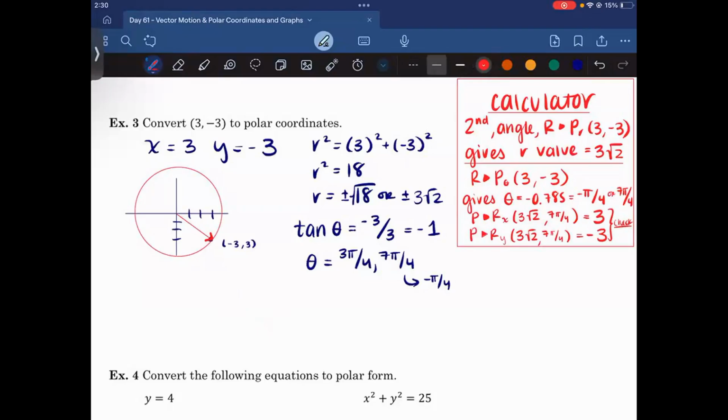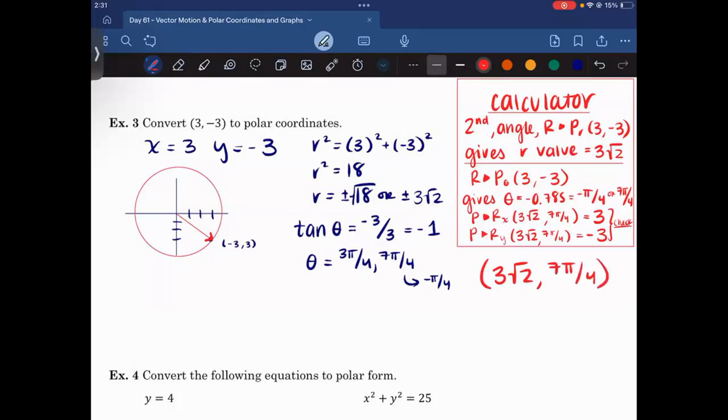And we're going towards 7 pi over 4. If we were to picture a unit circle, we go 7 pi over 4. And since we're dealing with a positive r value, quote unquote positive, we would say that my polar coordinate would be 3 square root of 2, 7 pi over 4.